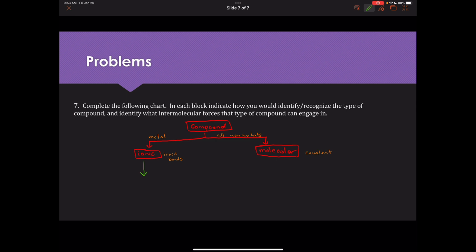Intermolecular forces would be that ionic compound interacting with something else. And so the ionic compound could have ion-dipole interactions if mixed with a polar molecule. So for ionic, we have to see if it's mixed with something to identify its intermolecular forces.